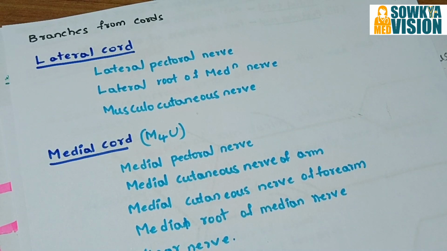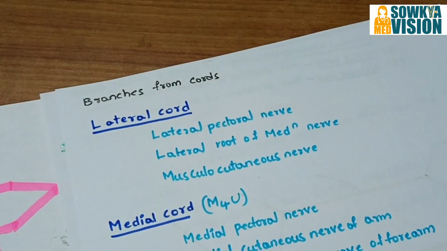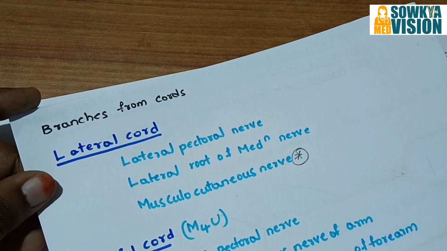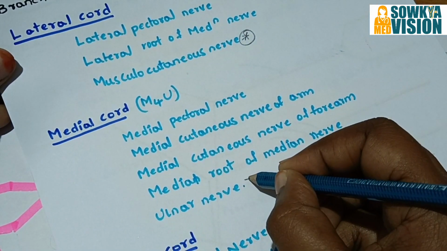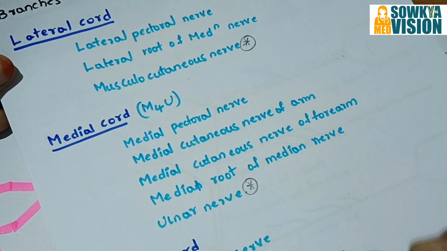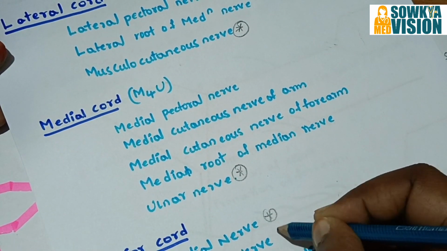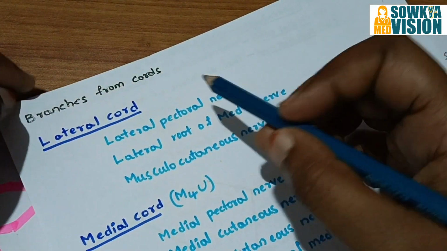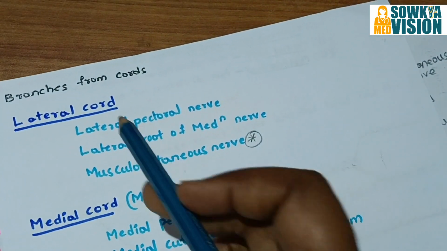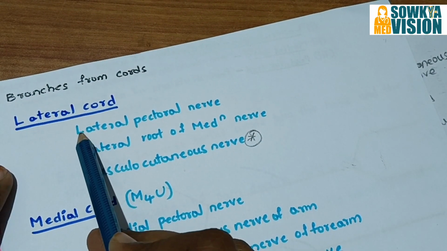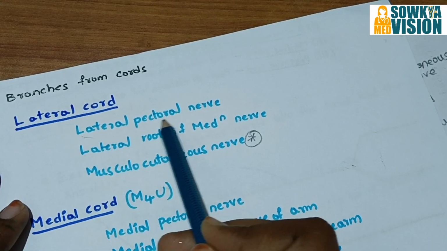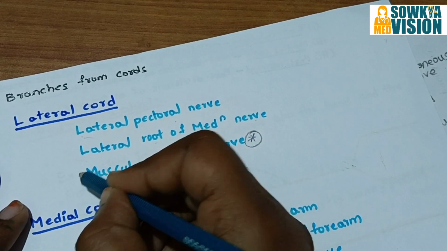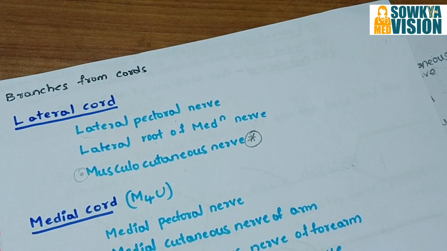Now let's see the branches from cords. What are the branches from the cords? See, the lateral cord. This is the main branch from the lateral cord, and the ulnar nerve is the main branch from the medial cord. Radial nerve and axillary nerve are the main branches from the posterior cord. How to remember all this? Lateral cord, the branches are lateral pectoral, lateral root of median nerve. And you have to remember this nerve, musculocutaneous nerve.